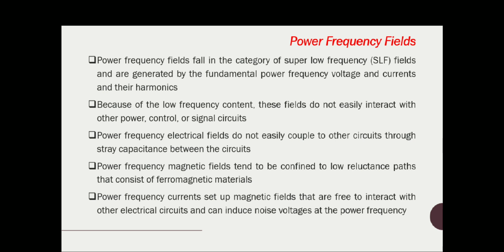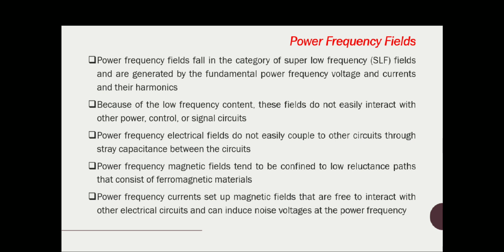The power frequency electrical fields do not easily couple to other circuits through stray capacitance between the circuits. Also, the power frequency magnetic field tends to be confined to a low reluctance path that consists of ferromagnetic materials. And power frequency currents set up magnetic fields that are free to interact with other electrical circuits and can induce noise voltages at the power frequency.